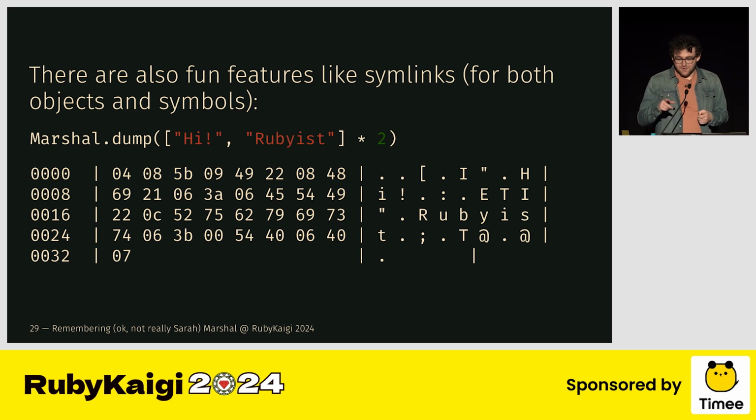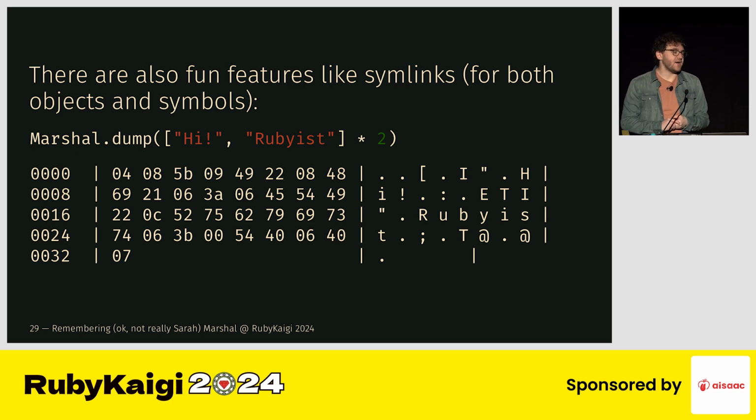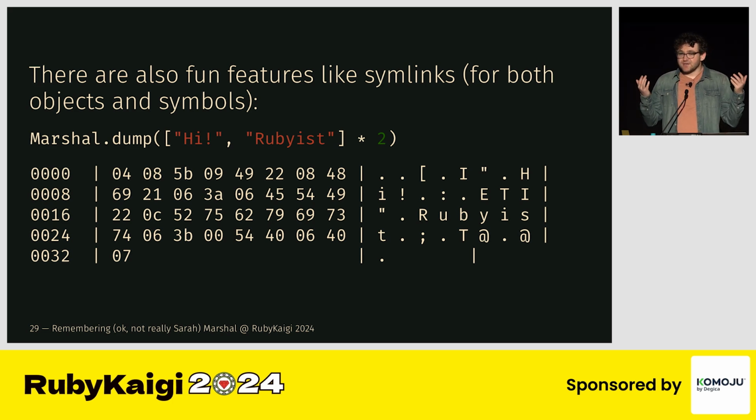That's because of those @ signs that are showing up in the hex dump. Those are links to the repeated objects. So let's say you have, hypothetically speaking, a file that has a list of every Ruby gem and that gem's version and platform. And all of those get repeated a bunch. Not having to spell out those strings saves a bunch of space. As I said, fun feature.